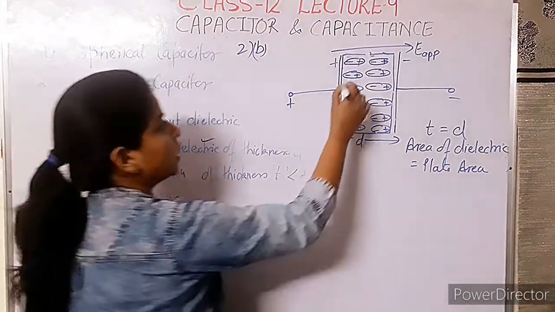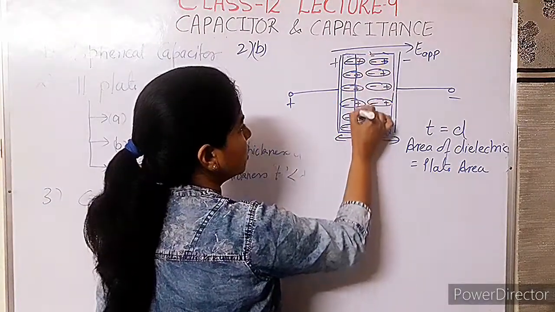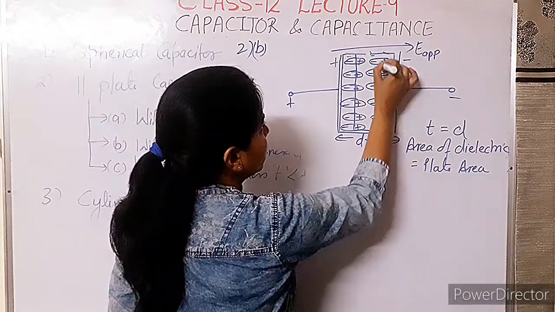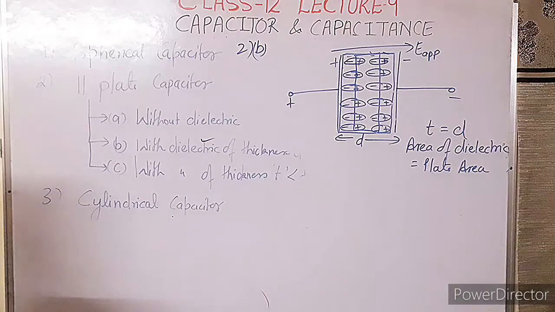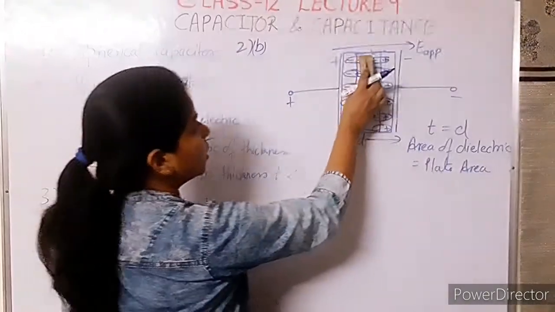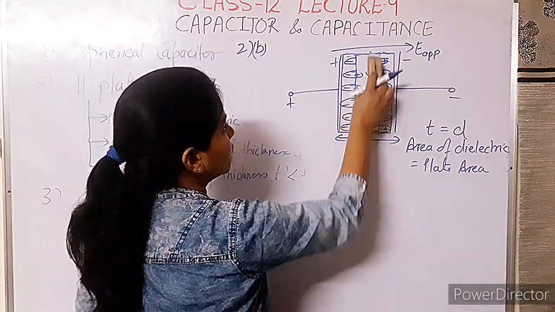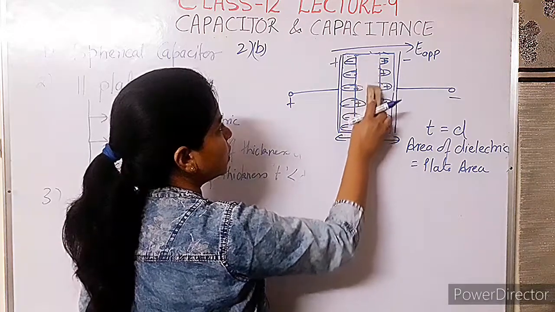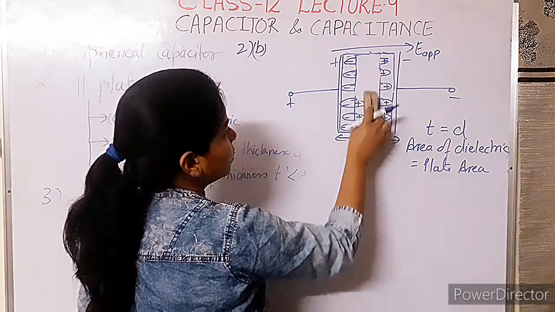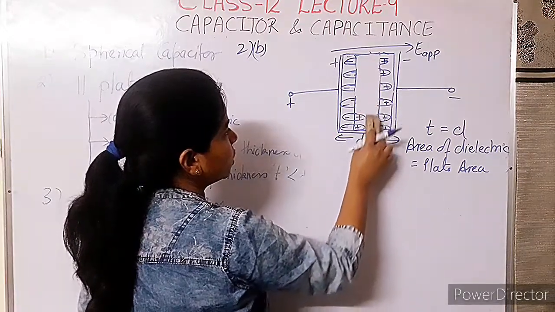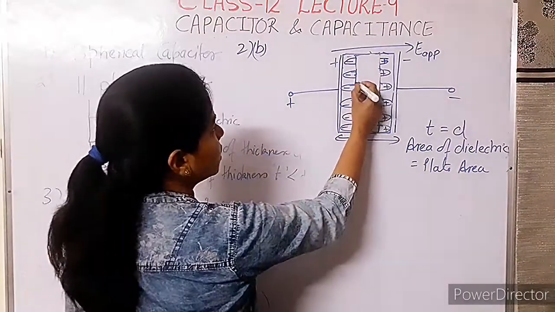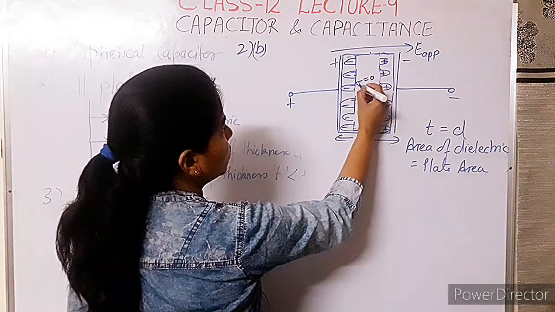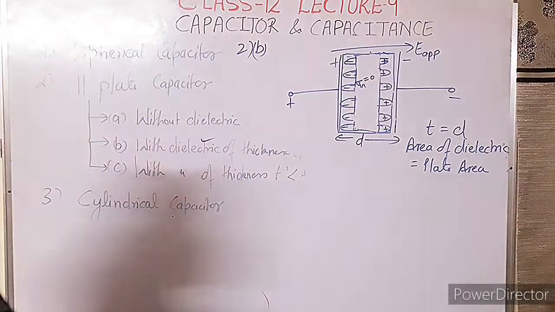Now you can see the inner charges: plus and minus, all the internal charges will nullify the effect of each other, and the internal region of the dielectric becomes chargeless. There will be no charge in the inside portion of the dielectric. Here sigma is equal to 0.